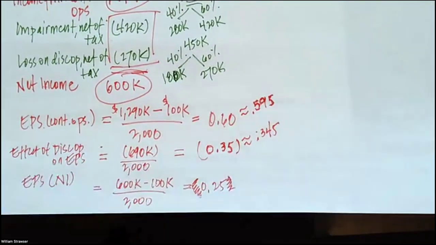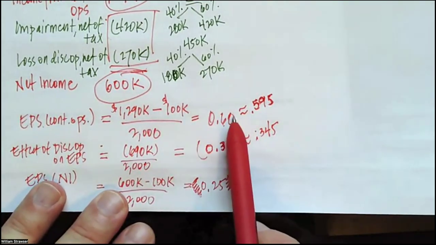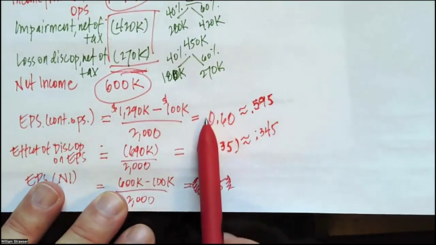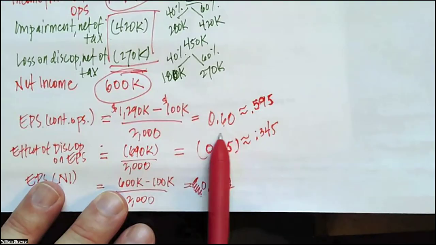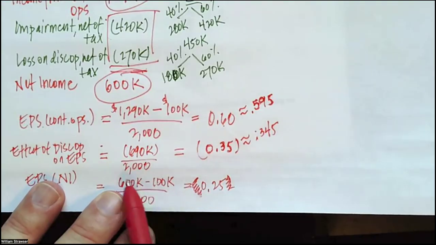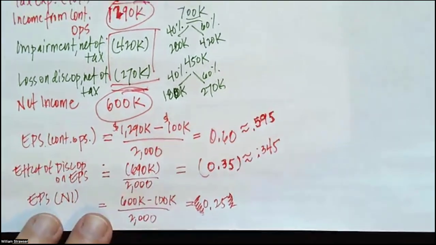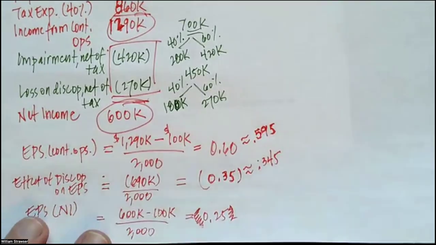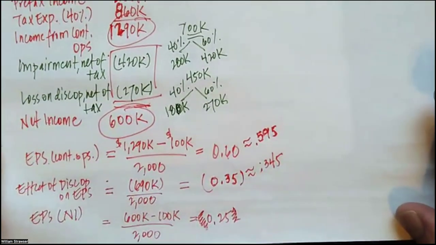And again, we can check that calculation by noticing that our EPS from continuing operations was 60 cents per share. The effect of the discontinued operations was 35 cents, which leaves me with 25 cents net income EPS. So that math should work out, and it is a great way to check yourself to make sure you did the EPS correctly.